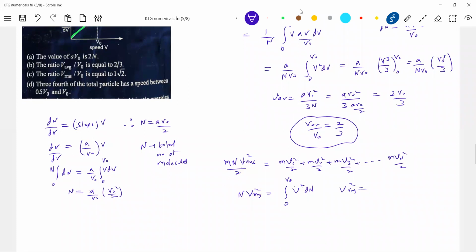Okay, this should be now v RMS square equal to 1 by N, integral of v square into what is dN?